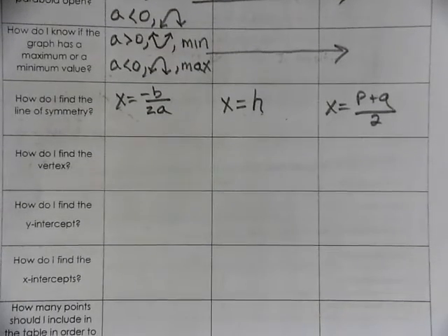What are we going to do now to find the vertex? We typically have to find the line of symmetry first. Then we find the vertex. So what's your process for that?